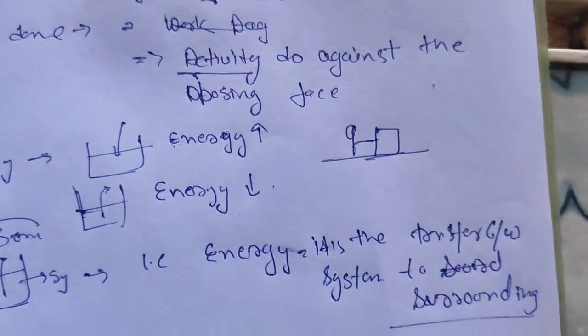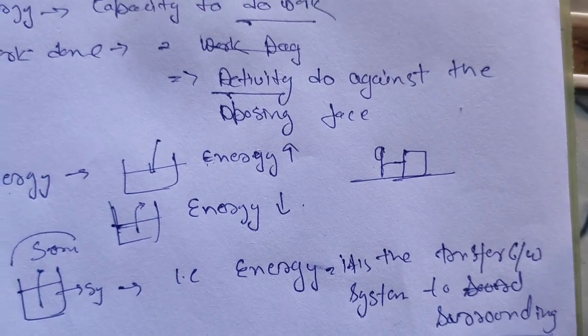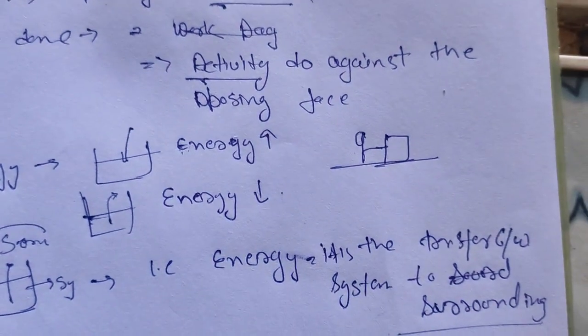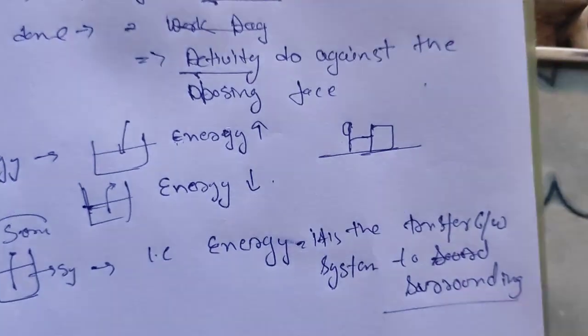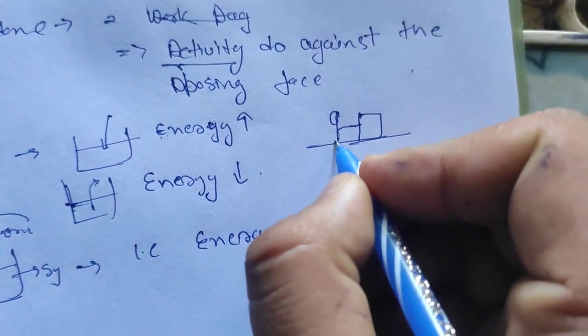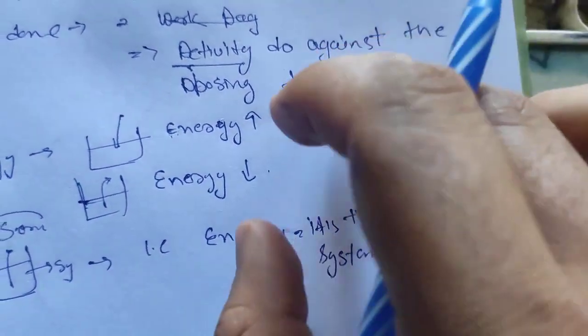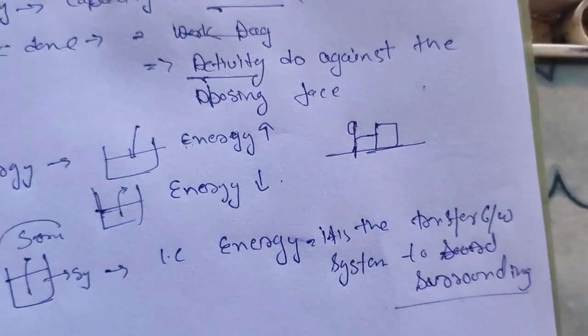So we can say that work is not a form of energy. It is the way of transferring energy. It is the path by which energy is transferred from you to this box. The path, the way, is considered the work.